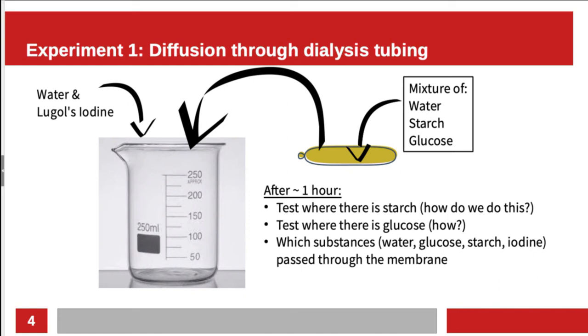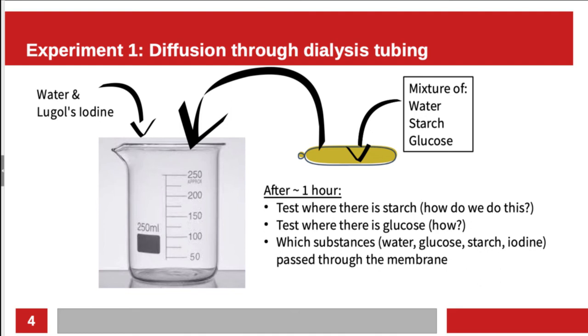Okay, remember that the Lugol's iodine solution is a test for starches. Then we're going to take some dialysis tubing and seal it at both ends and put into it a mixture of water, starch, and glucose. Okay.